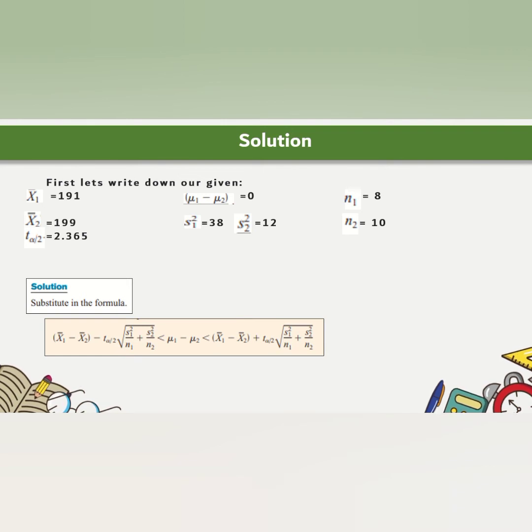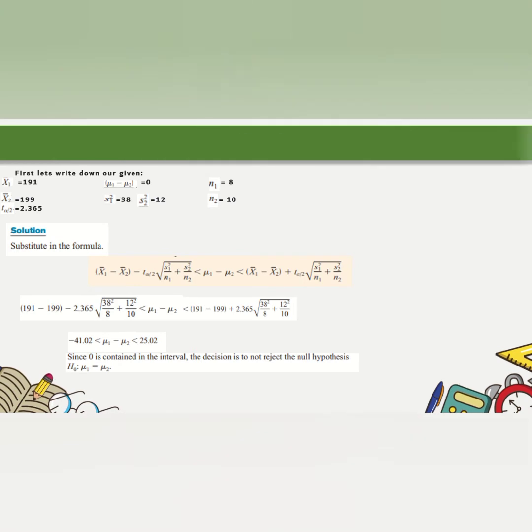For the solution, we just substitute into the formula. We will have (sample mean 1 minus sample mean 2) minus t alpha over 2 times the square root of variance of sample 1 over sample size 1 plus variance of sample 2 over sample size 2, is less than population mean 1 minus population mean 2, is less than (sample mean 1 minus sample mean 2) plus t alpha over 2 times the square root of the same expression.